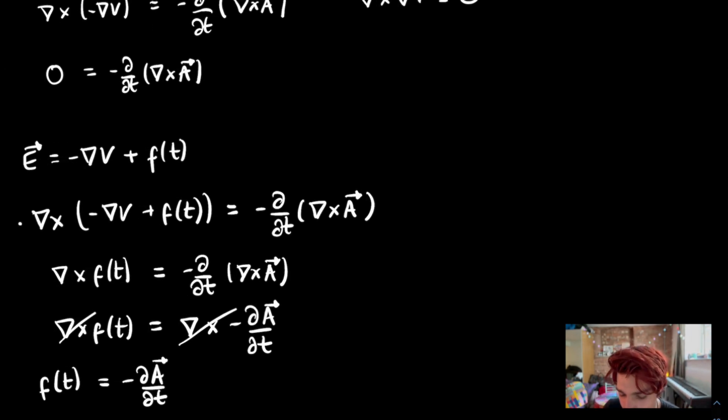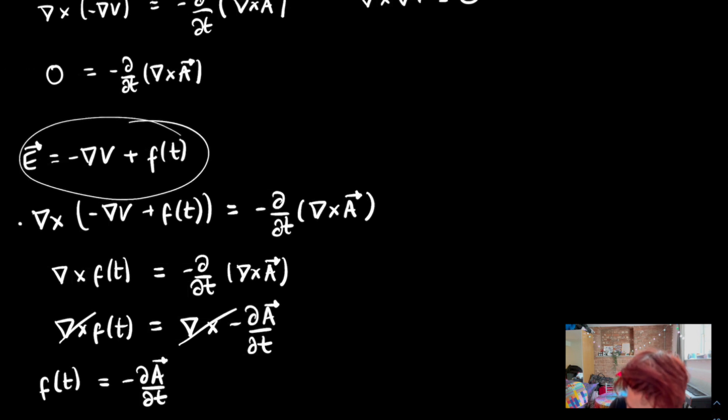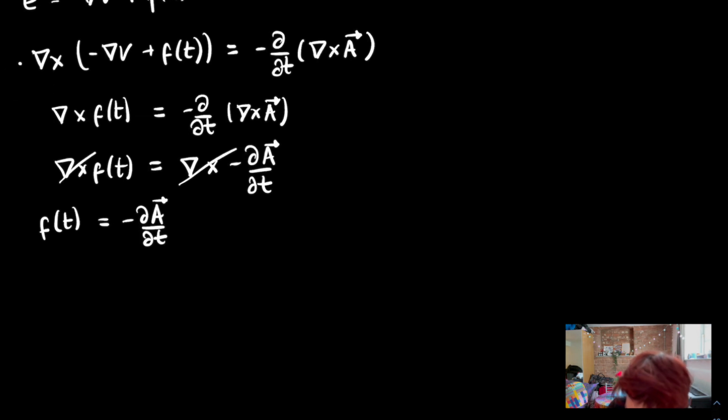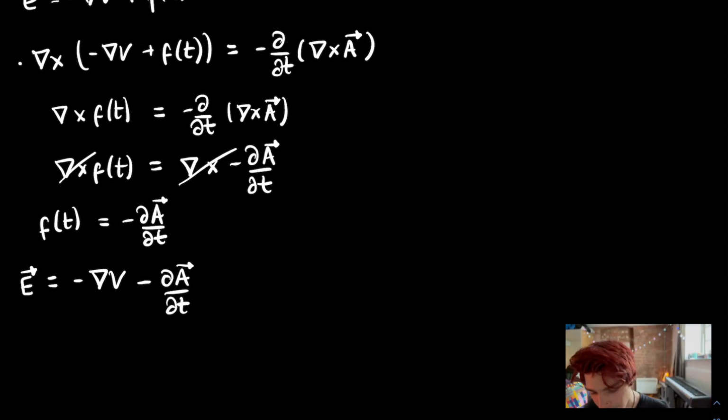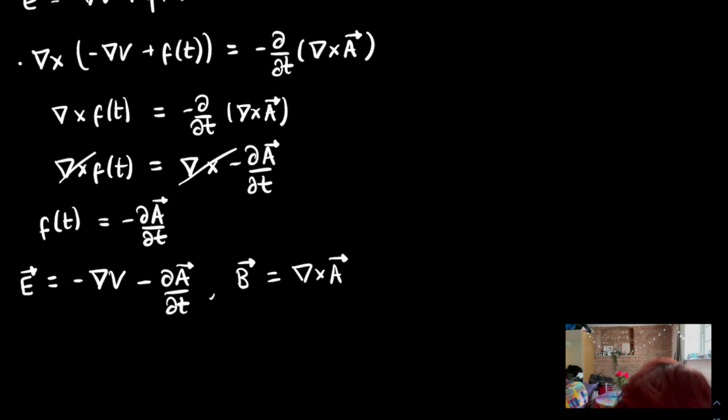And so there we go, we have our mystery function, which we can add into the equation for the electric field. And so for time-dependent problems, we get that E is equal to minus the gradient of the potential minus dA by dt. And so we have this fixed form, along with our magnetic field equation, which is that B is equal to the curl of the magnetic vector potential.